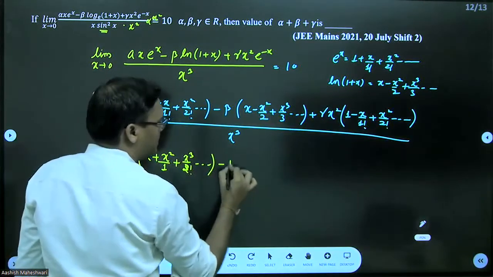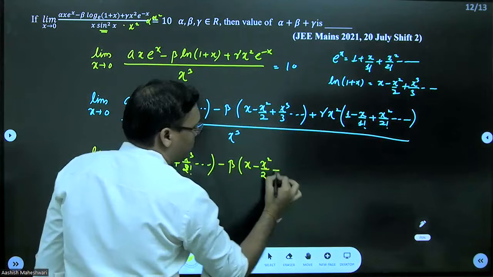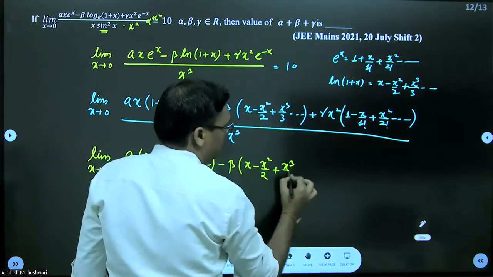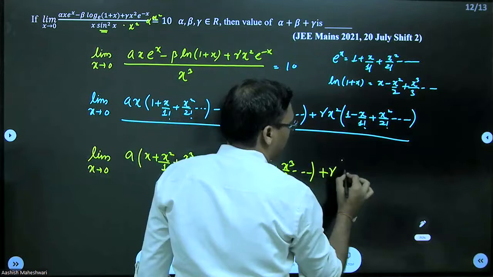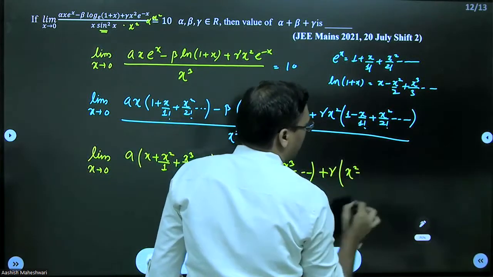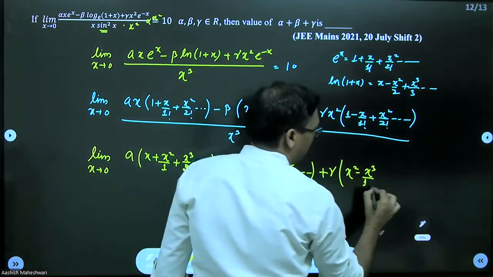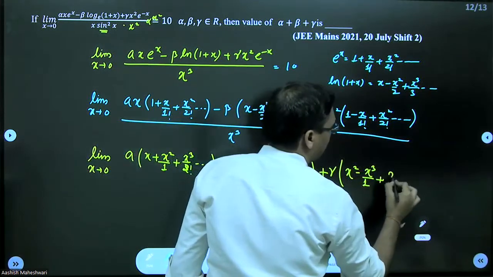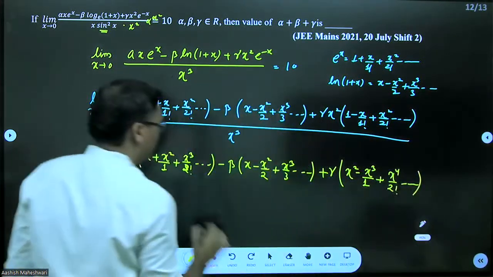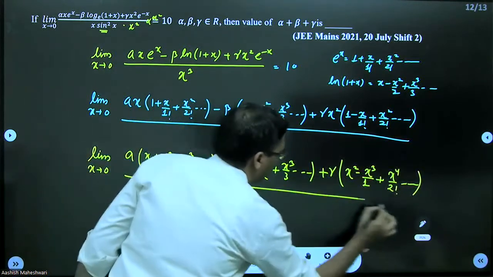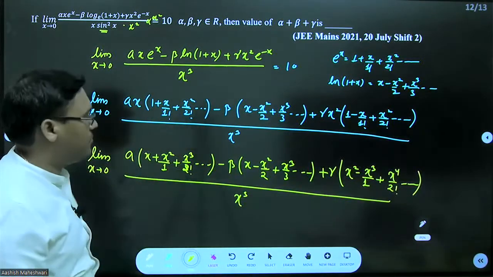This is minus beta x minus x square by 2 plus x cube by 3, and so on, plus gamma, this is x square minus x cube by 1 plus x raised to 4 by 2 factorial, and so on. Divide by x cube, limit x approaches 0.